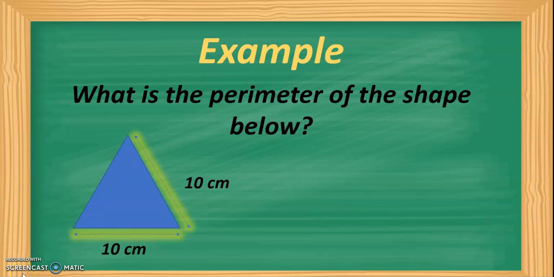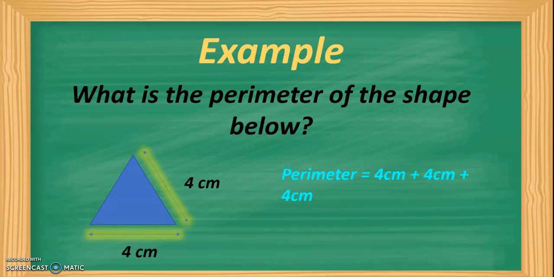Now, because we have all equal sides and there are 3 sides, yes, we could still multiply the 4 centimeters by 3, which would still give us 12. So 4 by 3, I would still get 12.